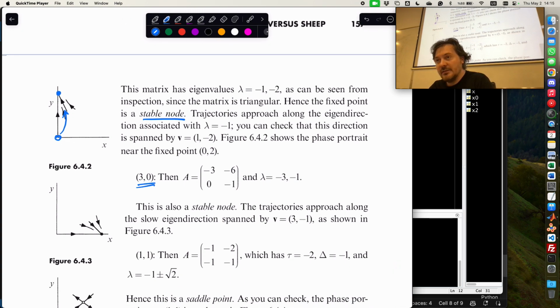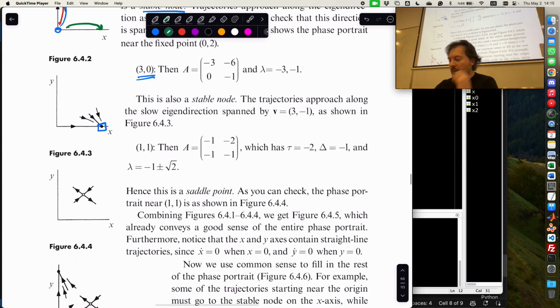(3, 0) is all rabbits, no sheep, right? That's here. And if you start here, you go there. But if you start here, you go there. And then there is the saddle point.